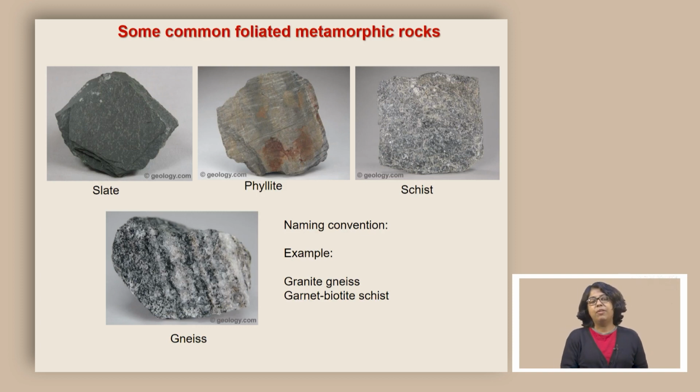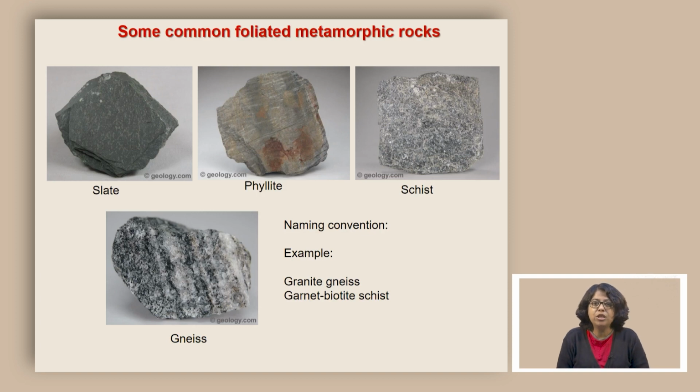In slate, we find something which is called a rock cleavage. So, if we try to break the slate, it is going to rip apart along a certain plane. Phyllite has a pattern which is stronger than slate, but it does not really cleave apart as easily as slate.